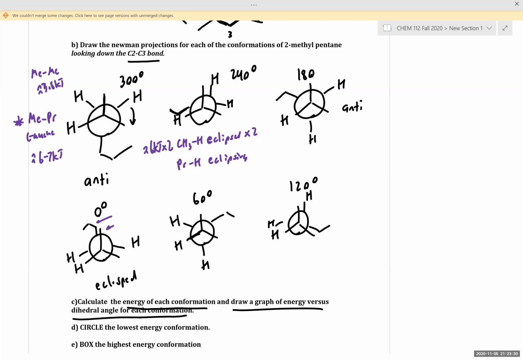Would we expect a propyl hydrogen interaction to be larger or smaller? Based on the logic that a propyl group is larger, what would we estimate a propyl hydrogen eclipsing interaction to be around?